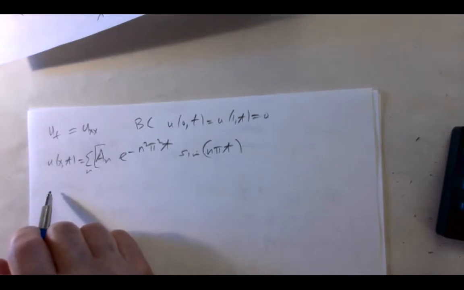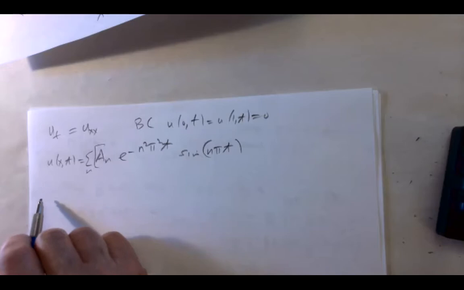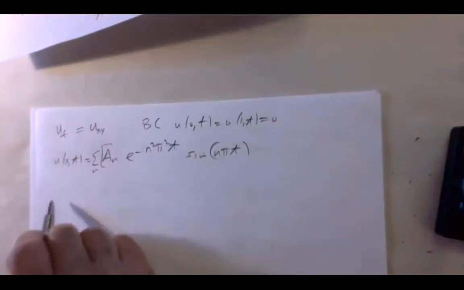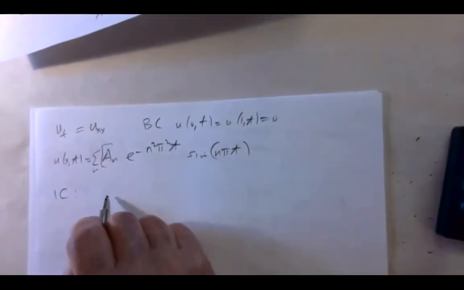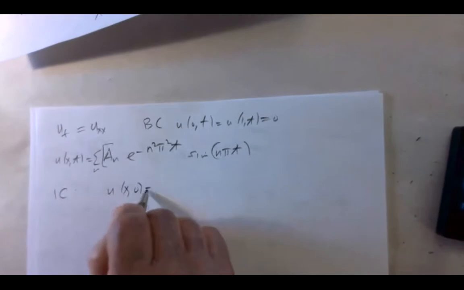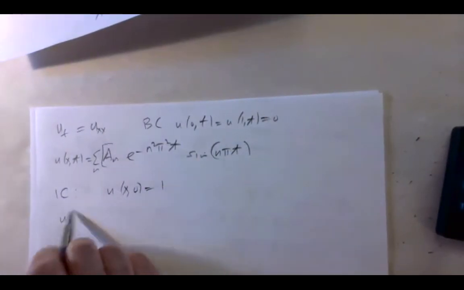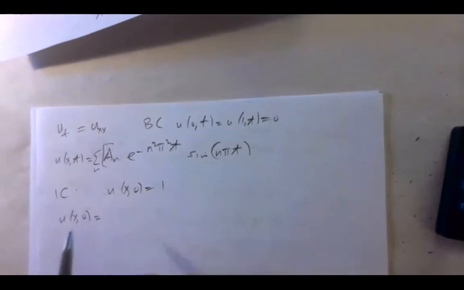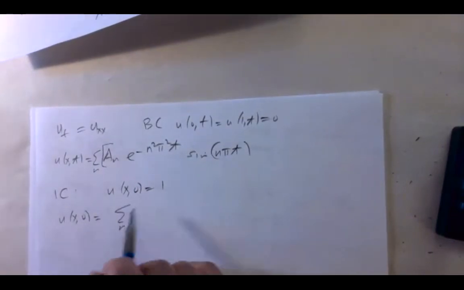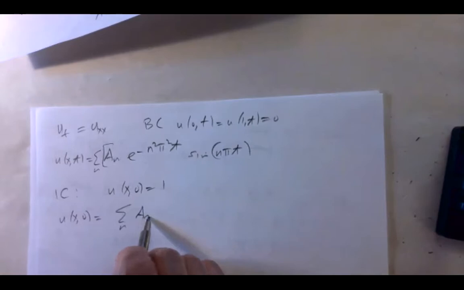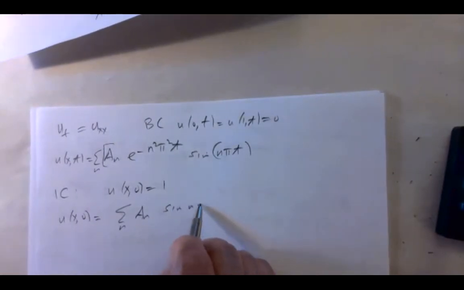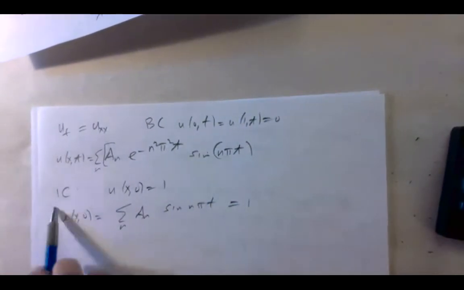But I also have the initial condition. The initial condition is that u of x, 0 equals 1. So if I plug that into this, u of x comma 0 is the sum over n of a sub n sine of n pi x equals 1.